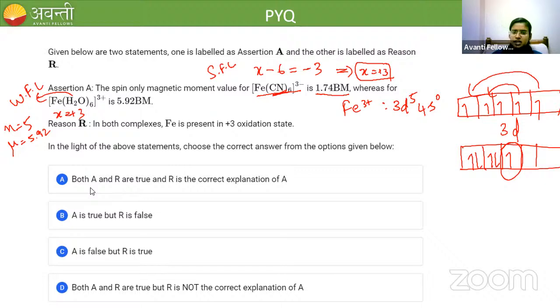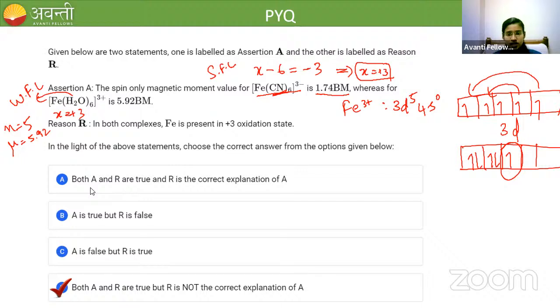Assertion is correct. The reason statement is also correct. But the reason is not the correct explanation for the assertion. Option D. You know why the reason is not the correct explanation? Not because both the complexes have +3 oxidation state does the magnetic moment value change.